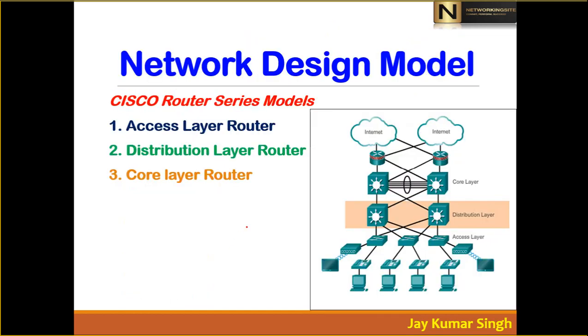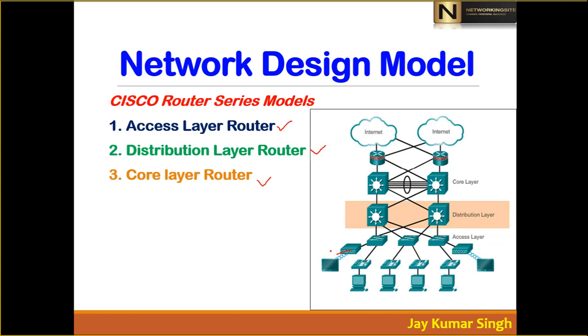Now here it is talking about a network design model, like how Cisco places its devices in different network models. Cisco creates access layer routers, distribution layer routers, and core layer routers. Access layer routers are used for connecting the end users.